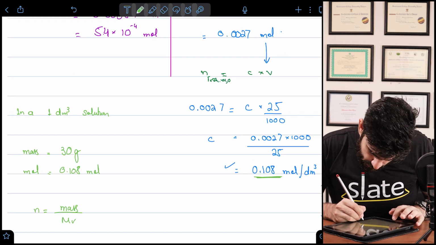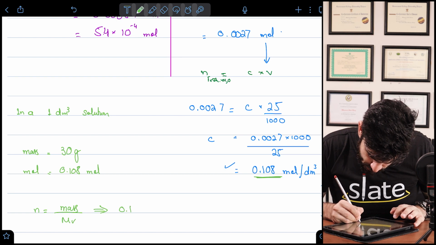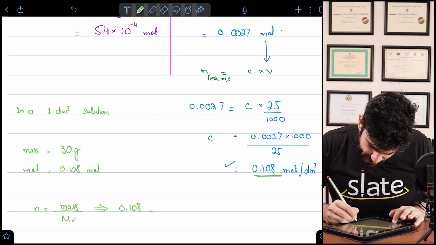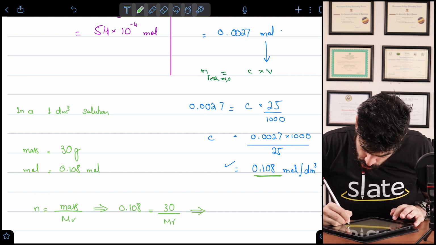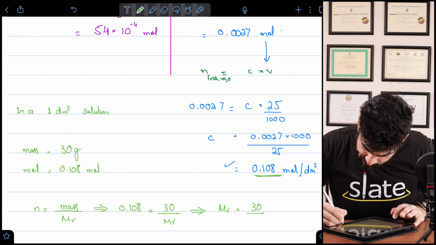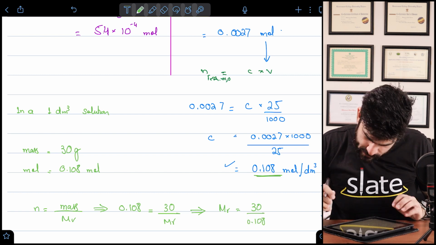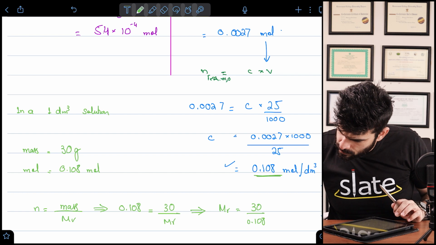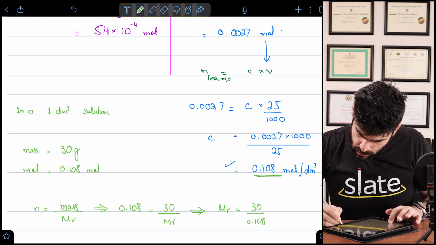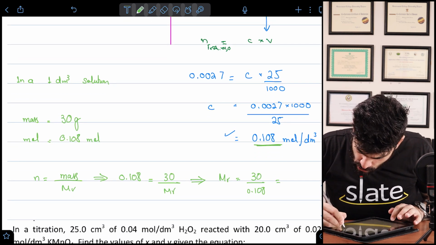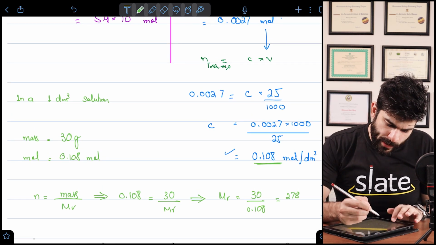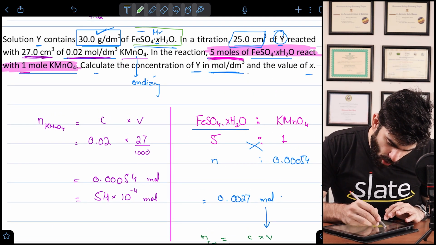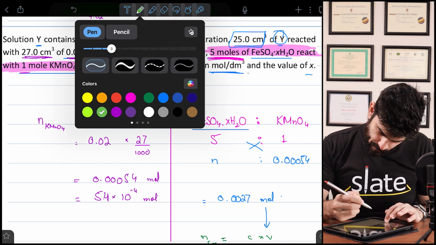So we know here that the moles are 0.108, the mass is 30, and the MR is unknown. So MR equals 30 divided by 0.108. So this turns out to be 278. So what do we know from here? That the MR of this salt is 278.